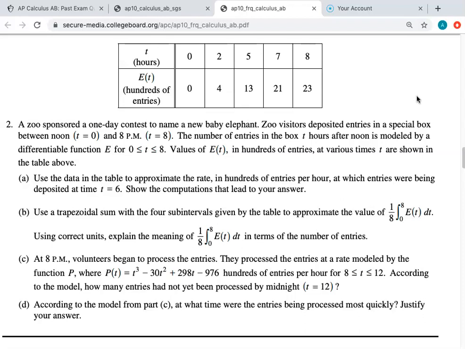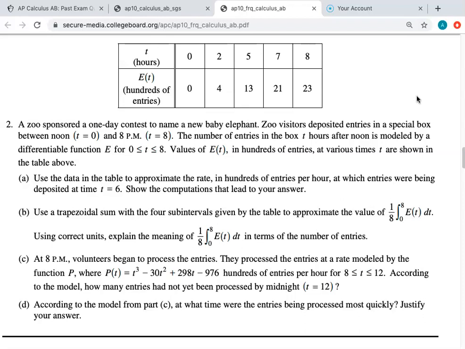A zoo sponsored a one-day contest to name a new baby elephant. Zoo visitors deposited entries in a special box between noon and 8 p.m. The number of entries in the box t hours after noon is modeled by a differentiable function E for 0 to 8.